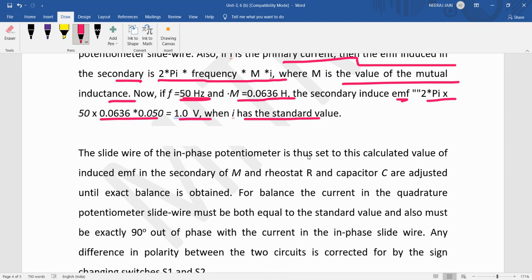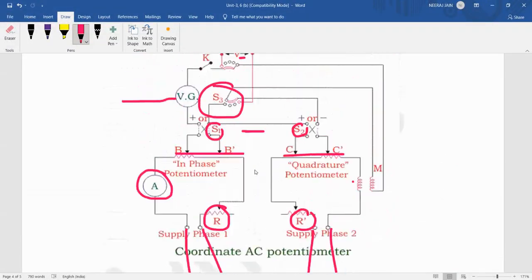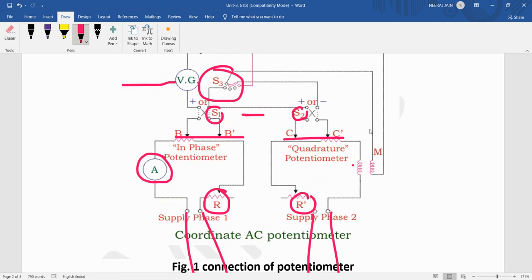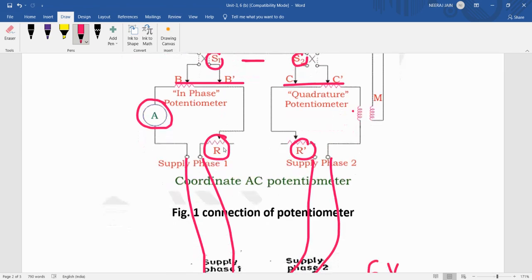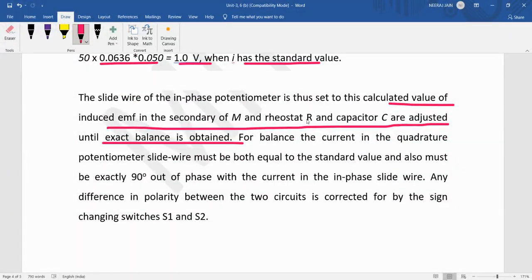The slide wire of the in-phase potentiometer is set to this calculated value of induced EMF in the secondary of M, and rheostat R and capacitor C are adjusted until exact balance is obtained. Well, if we have set 1 volt here, we set 1 volt there also, with the movement of the slide wire, and with the help of R and C we maintain such voltage in both circuits.